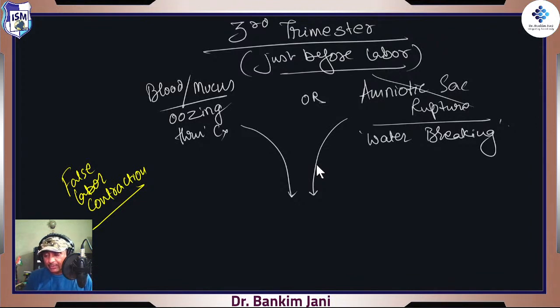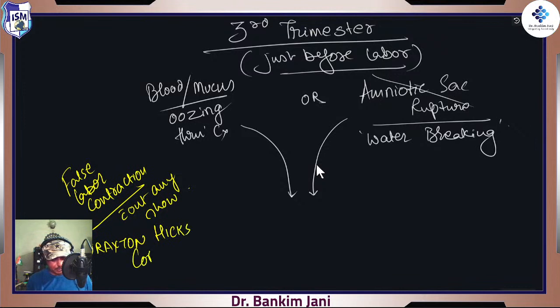They are without any show, without any oozing, without any water breaking, they are just there. And that's why there is a name, it is called the Braxton Hicks contraction. So these are false labor. Now, if there is oozing, if there is water breaking, this is now called the true labor contraction.